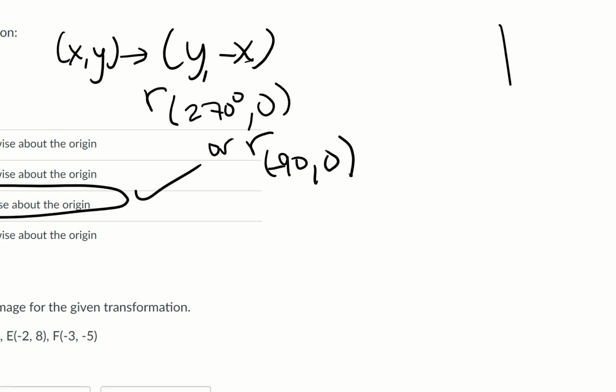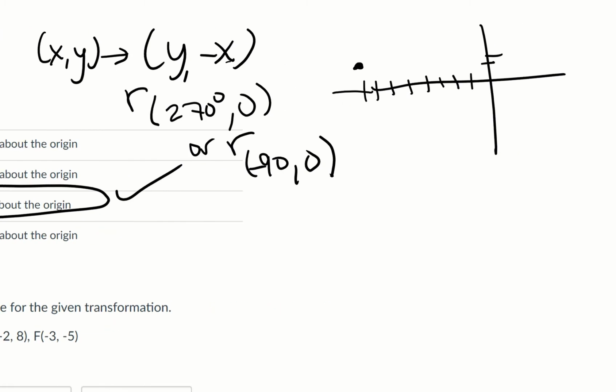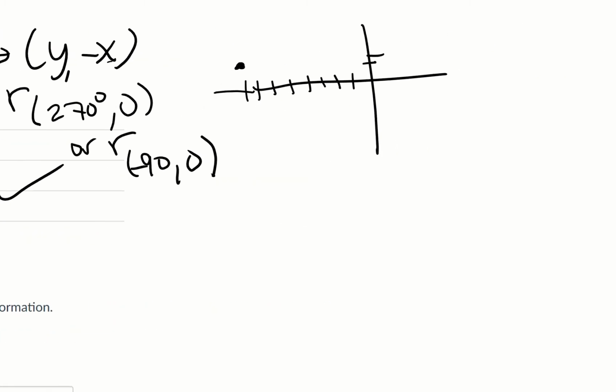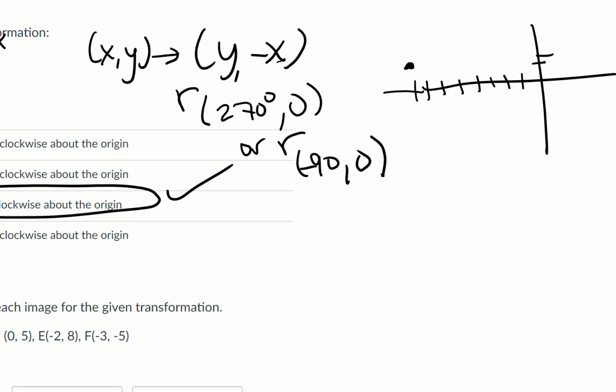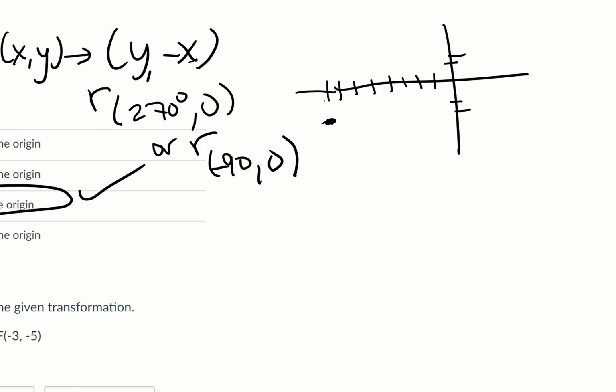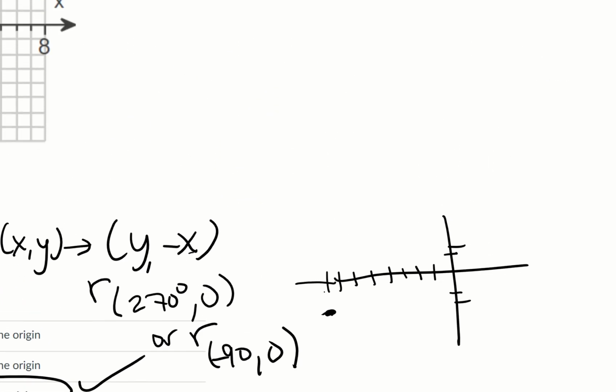Again, if you picture it, negative 8, 2 is right here, and then that transforms to negative 2, 8. Oh, this would be negative 8, negative 2, and then this transforms to negative 2, 8.